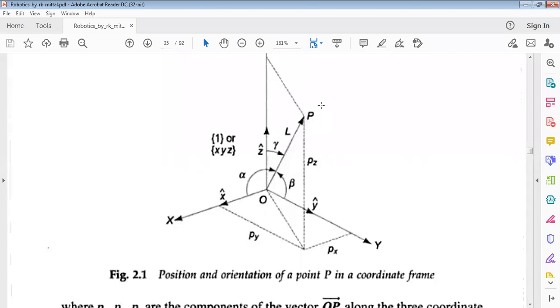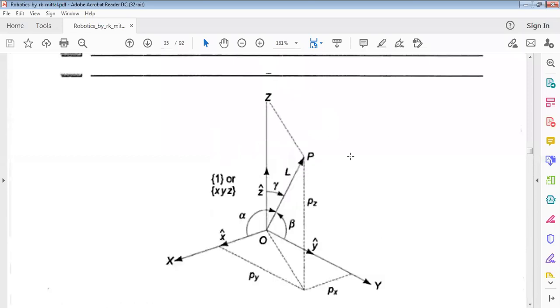Describe this point P with respect to the coordinate frame. That description of the point P represents the position of the point in 3D space and its orientation.